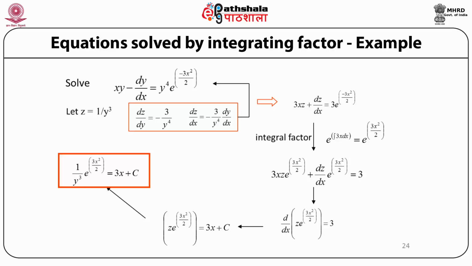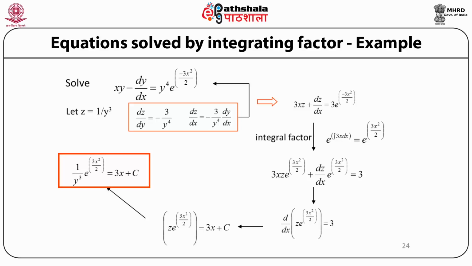We are going to place y completely out and write only x and z. That is what you see in the first equation on the right hand side: 3xz plus dz by dx equal to 3 e to the power minus 3x squared by 2.